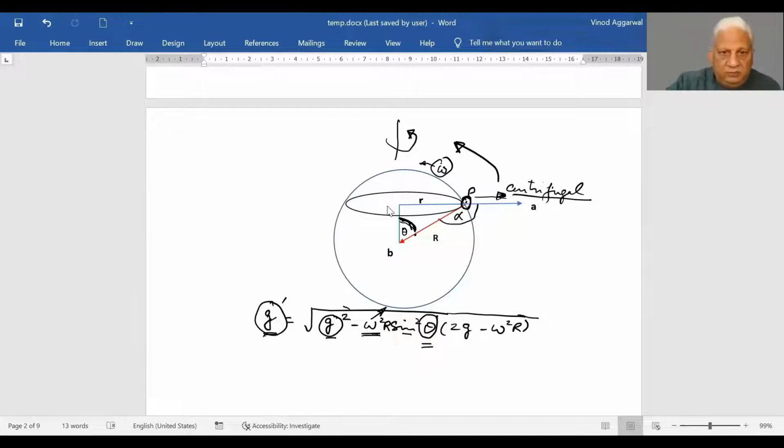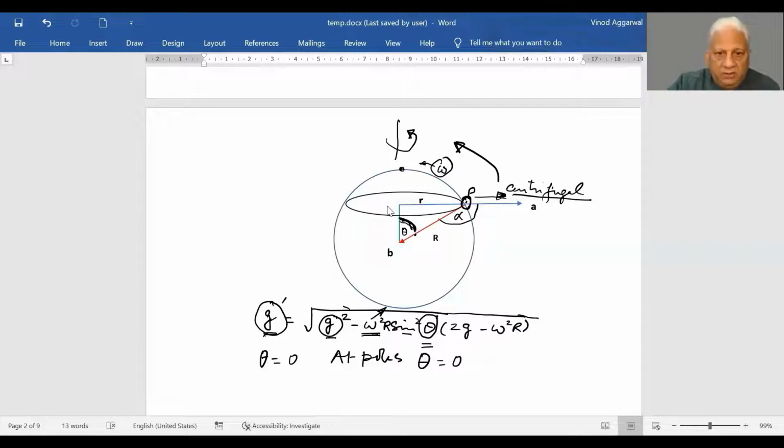Which means let's see some special cases. First, theta is 0 at the poles, because you will be here, so the angle from the vertical is 0.